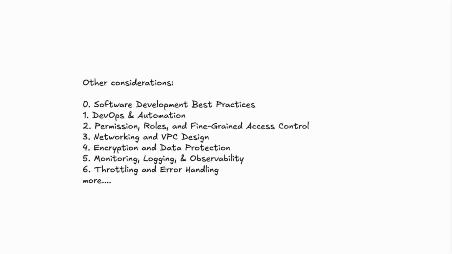So the next part is encryption and data protection. When working with large language models, protecting sensitive data is critical. Cloud storage services like S3 support encryption at rest and in transit.